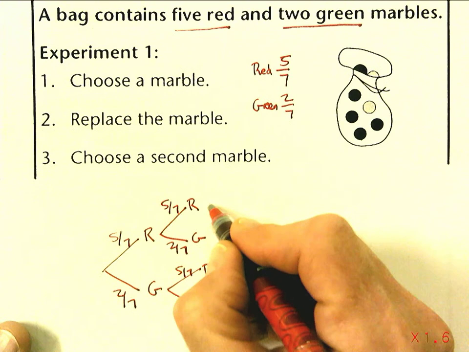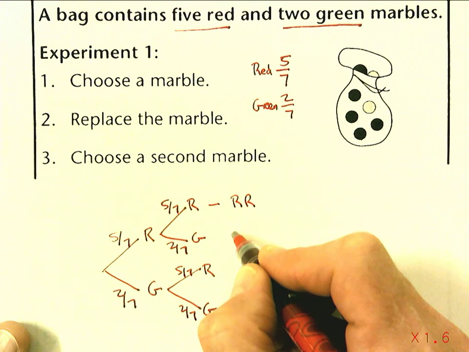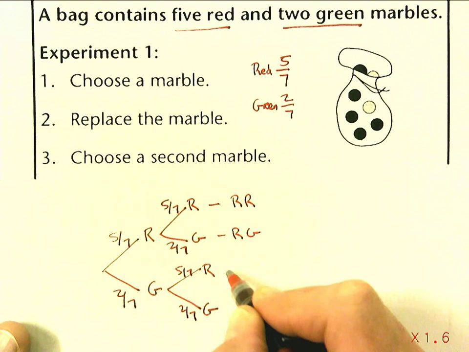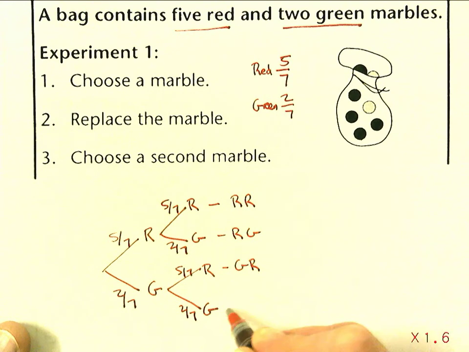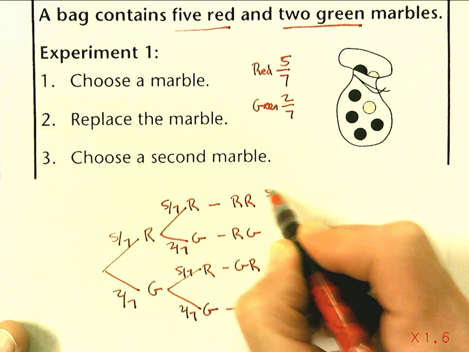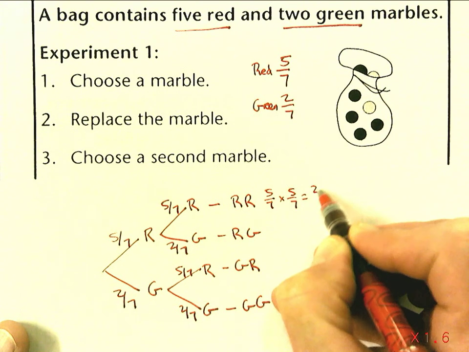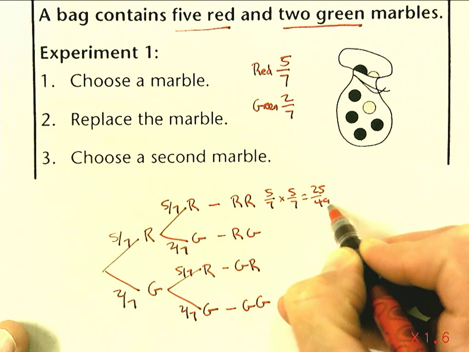And our different outcomes are red red, red green, green red, or green green. The probability of choosing the red red is 5/7 times 5/7, or 25/49.